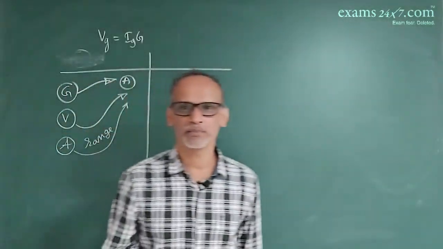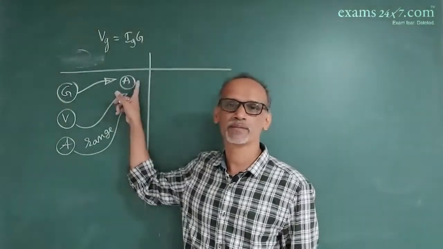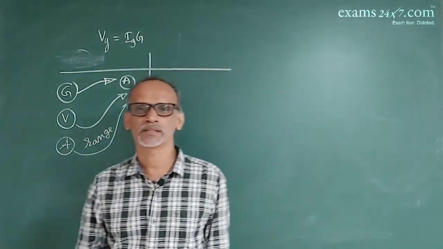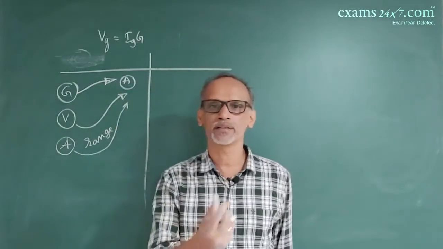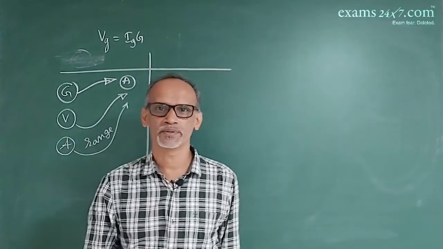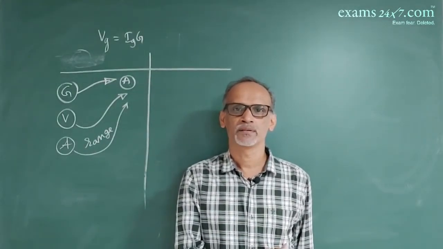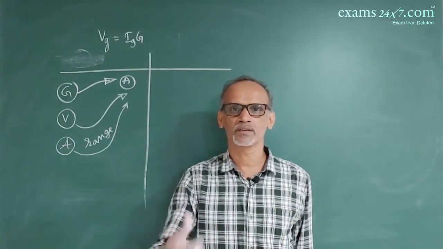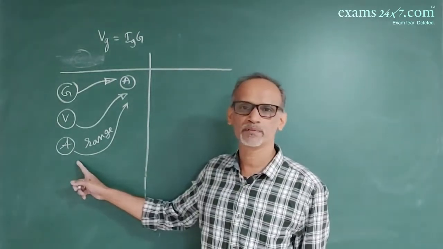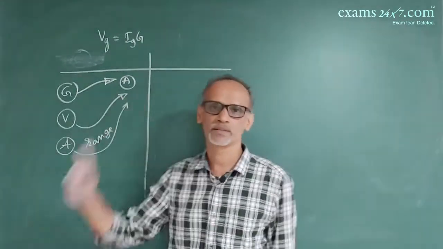We can convert galvanometer to ammeter, we can convert voltmeter to ammeter, we can increase the range of the ammeter. This is not conversion, this is increasing the range. What do you mean by increasing the range? So there is an ammeter having range 0 to 2 ampere. So the maximum current that we can measure is 2 ampere. But I want to increase the range so that we can measure a current of up to 20 ampere. So 0 to 2 ampere, we can increase to 0 to 20 ampere. That is the meaning of increasing the range.